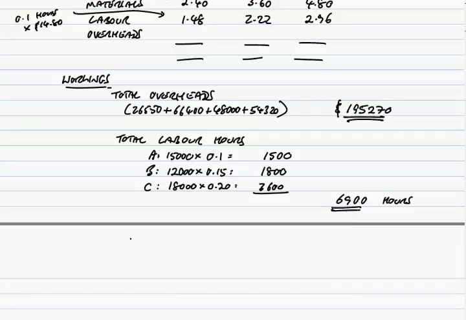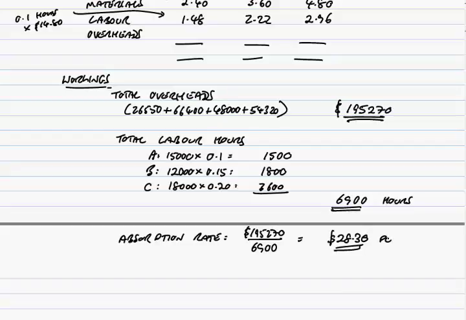And so the absorption rate, or the cost per hour, simply divide 195,270 by 6,900 hours, which comes to a rate of $28.30 per hour.